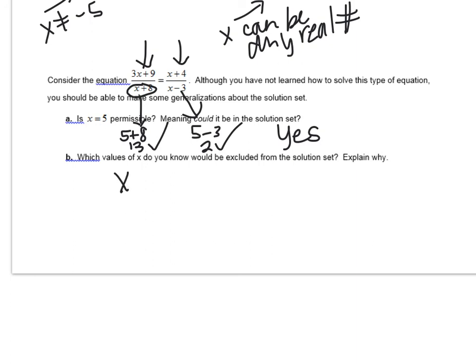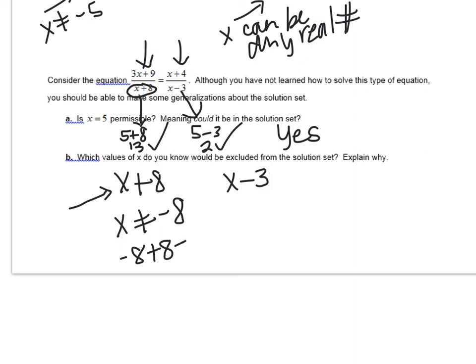Well, let's take a look at this bottom here, and let's take a look at this bottom here, and think about what value of x would make x plus 8 equal to 0. Well, x cannot be negative 8, because negative 8 plus 8 would give you a denominator of 0, and you cannot have 0 in the bottom of the fraction, because the fraction would be undefined.